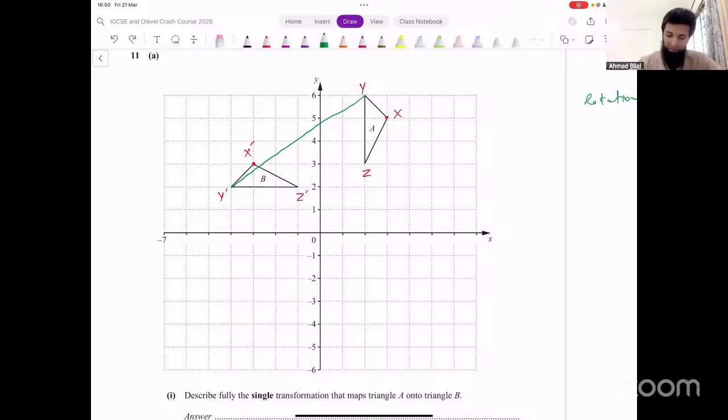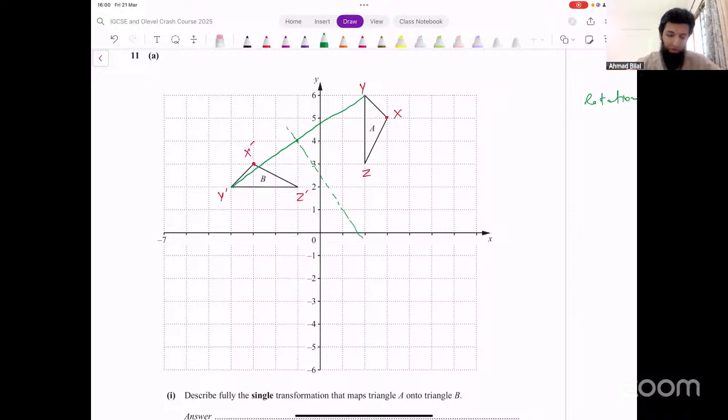Okay, so from this point, 6 down, and 4 this way. Okay, so this line is like this, 3 and 2. On the other side, it will be 2 and 3. So it will go like this. The perpendicular bisector is going to go like this.